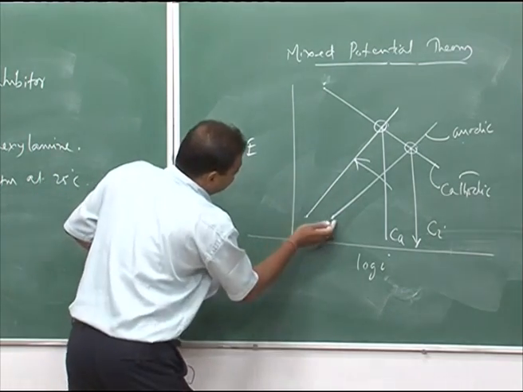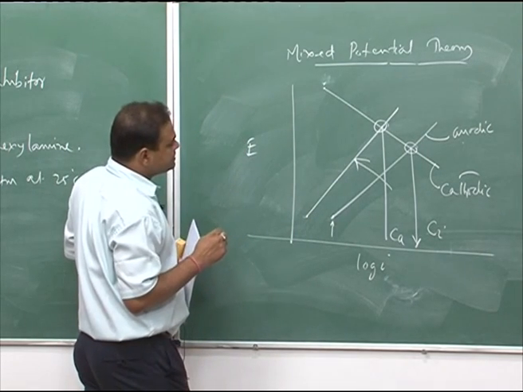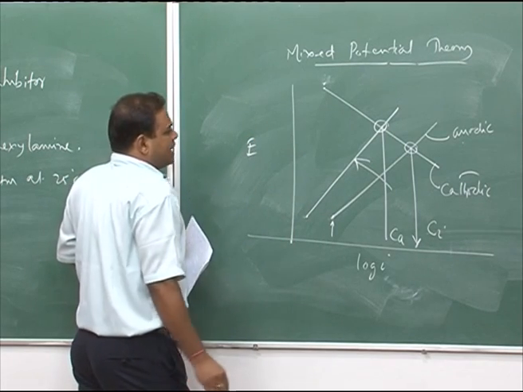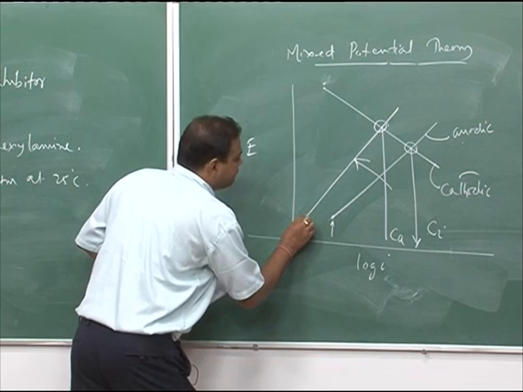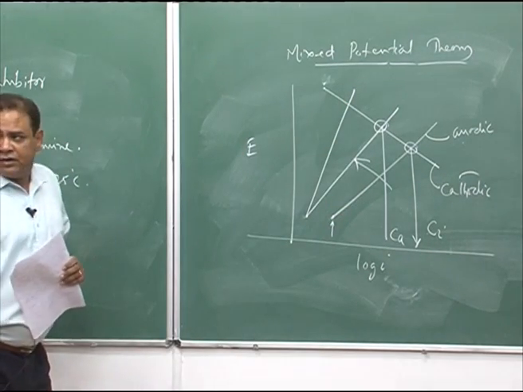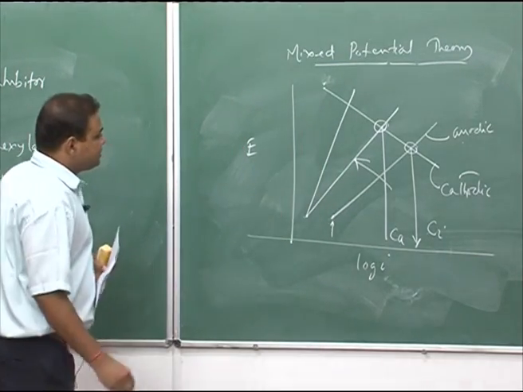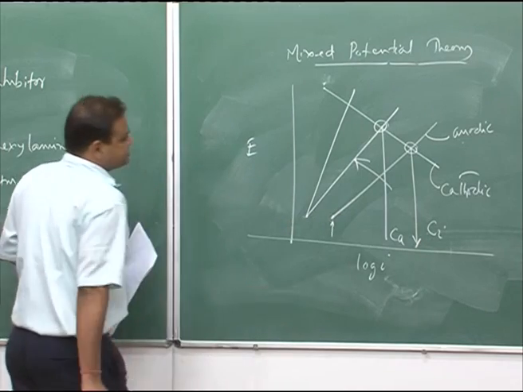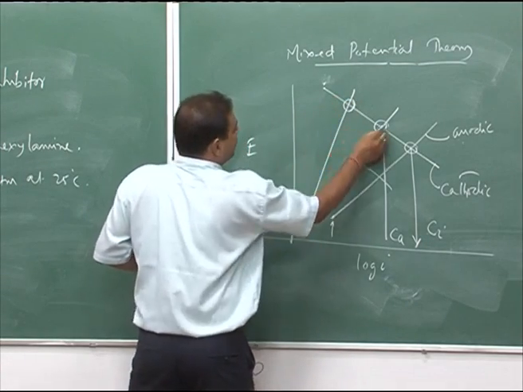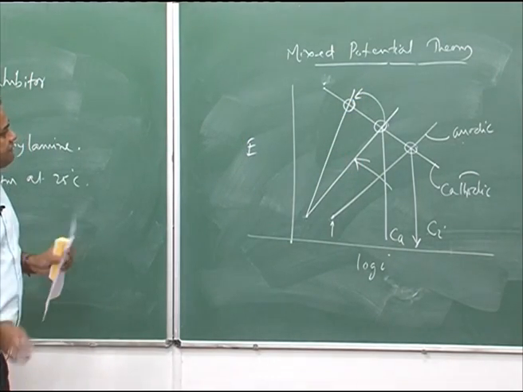It decreases the exchange current density and at the same time increases the degree of overvoltage. So the polarization is increased as well as the exchange current density is decreased. With the combination of these two processes, the corrosion rate is further decreased. This is the effect of the anodic passivator, the anodic inhibitor.